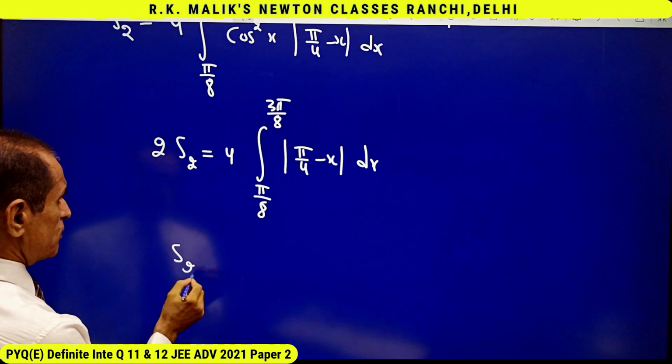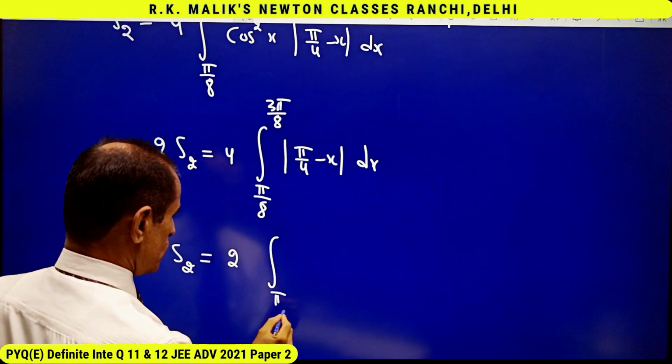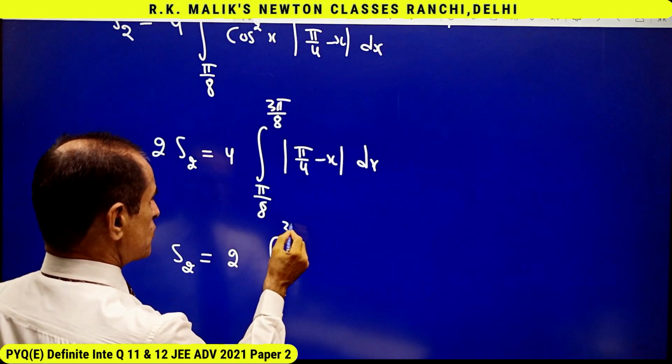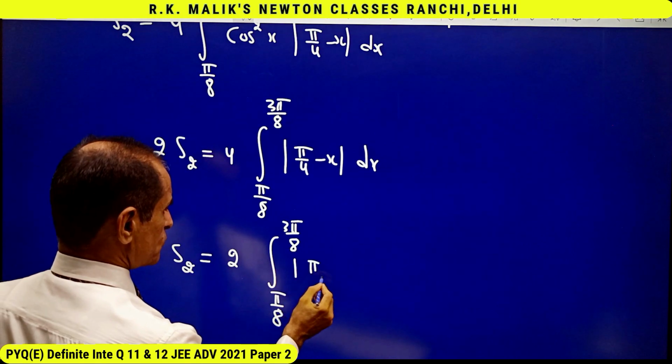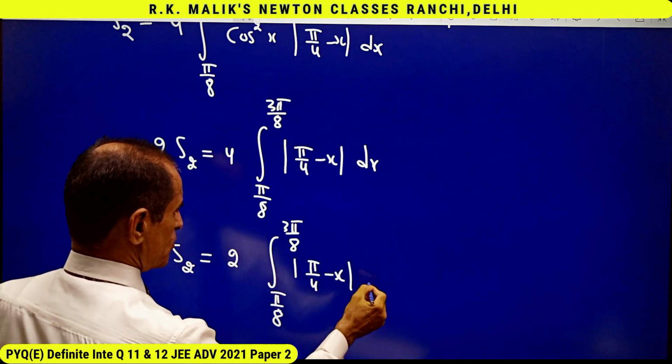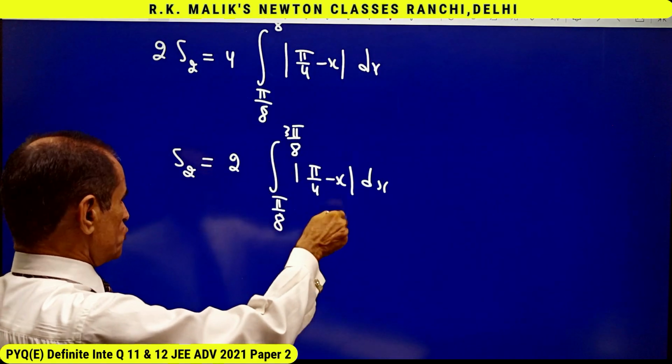That is, S2 becomes 2 into the integral from pi by 8 to 3 pi by 8 of mod of pi by 4 minus x dx. And now it is better to proceed further geometrically.